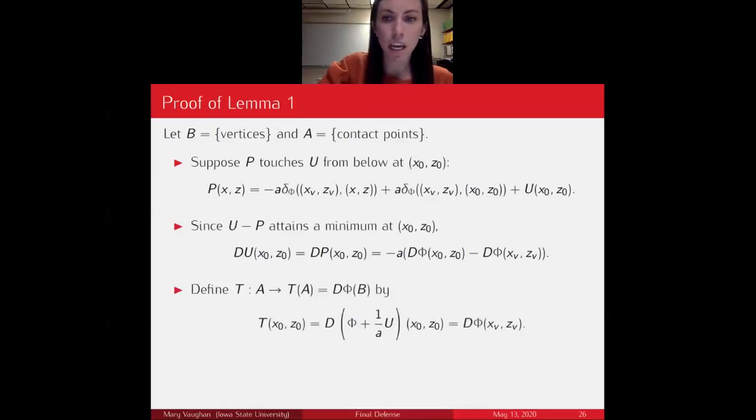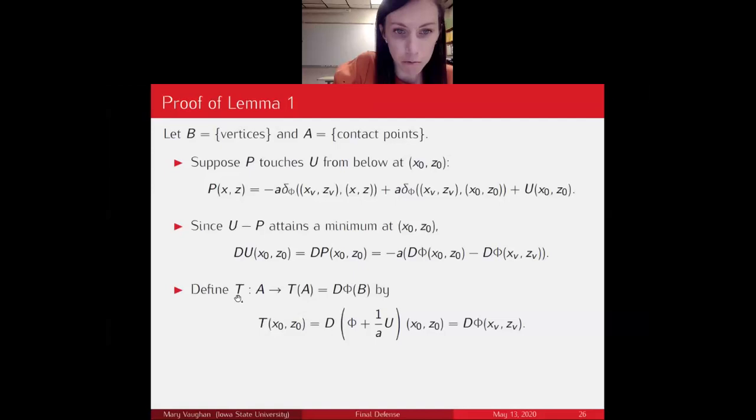And this gives us a description of the vertices. So we can solve this here for the derivative of the vertex. You divide by A and move that to the other side, and you get this equality here. And so this is how the vertices are uniquely determined in terms of the contact points.